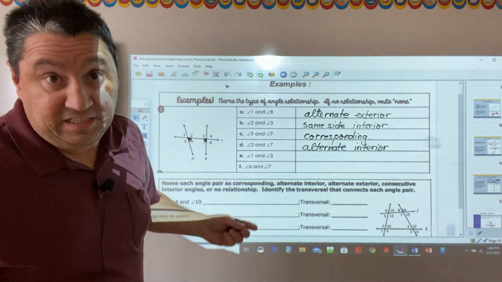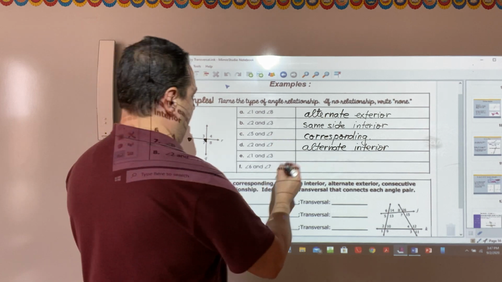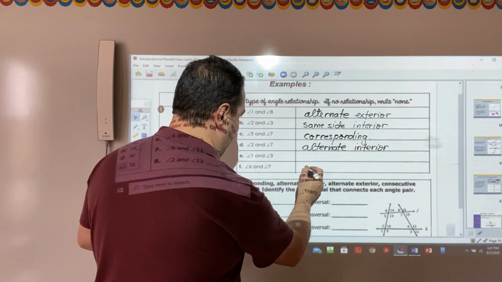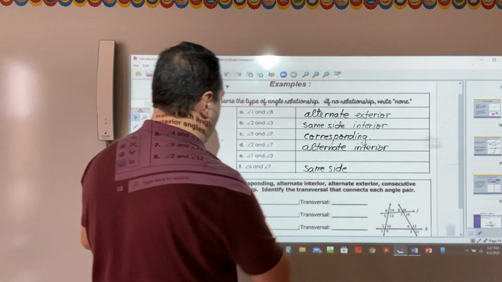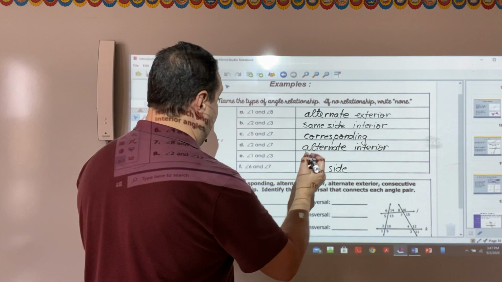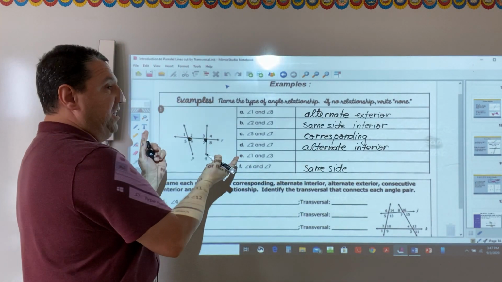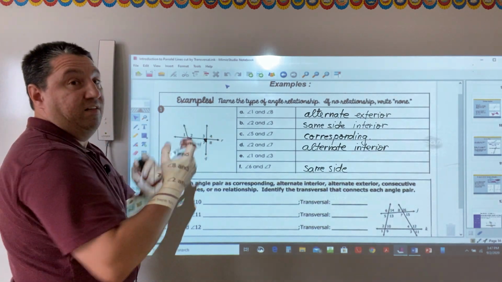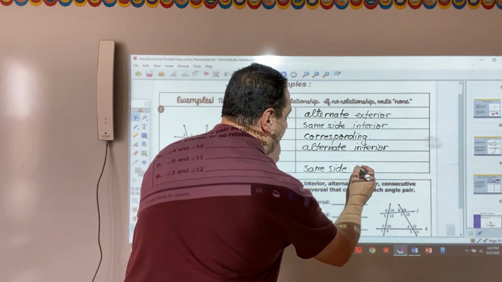So they are same side. Hold on. I think we skipped 1 and 3, but we'll go back. Same side. And now are they interior or exterior? Because they both are between the other two lines, they are interior.